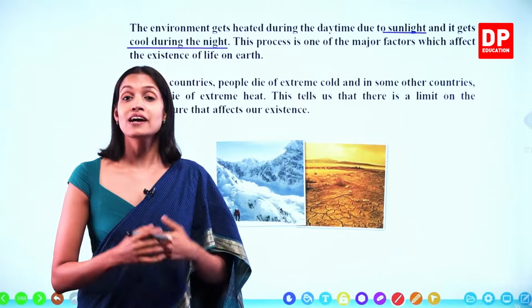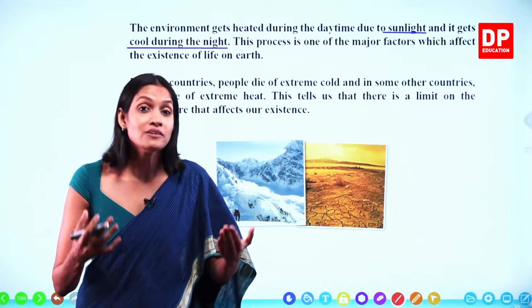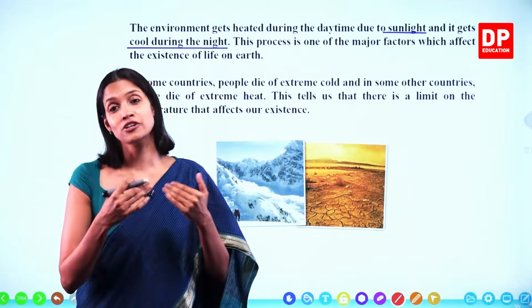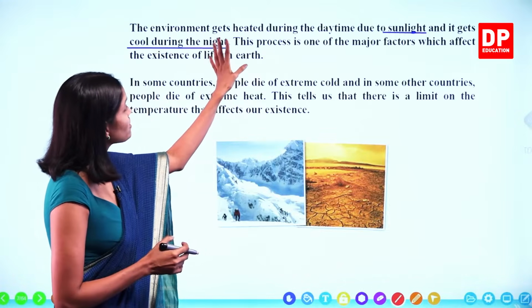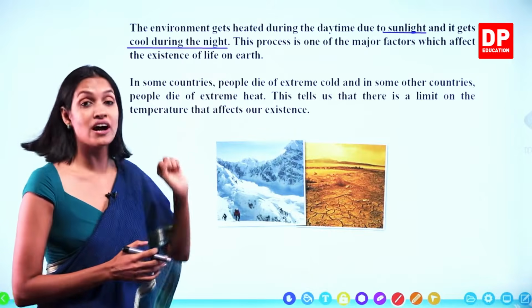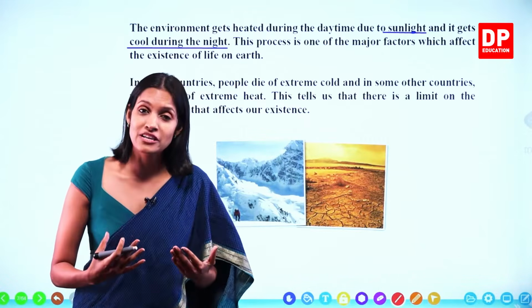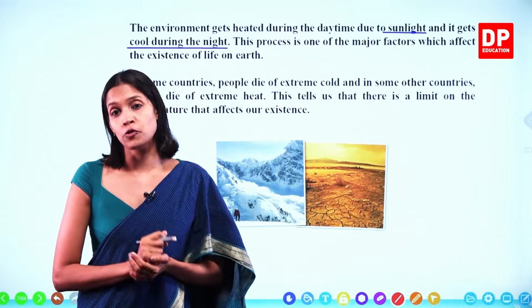So during the daytime, because of the sun's heat, the earth gets heated up and it must be there. That temperature must be there to carry out our day-to-day activities. Right? What will happen if the sun was not there? The earth will be a freezing ball of ice. Okay? To maintain the optimum temperature of the living beings, the heat given by the sun is very important.